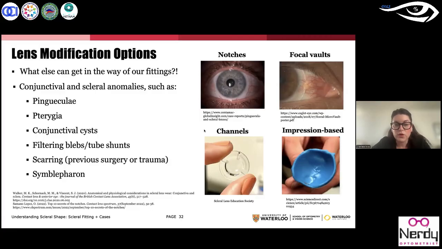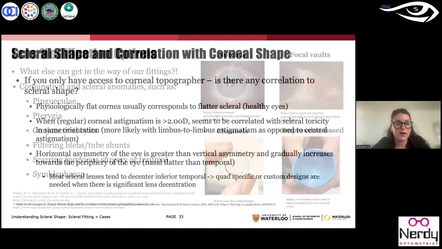So you want to work with a lens that gives you options to deal with these little anatomical problems, we'll say. We don't really notice pinguiculas a lot, but they can mean a lot when we're fitting a lens on that eye.